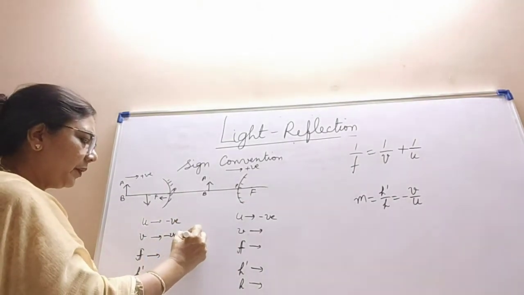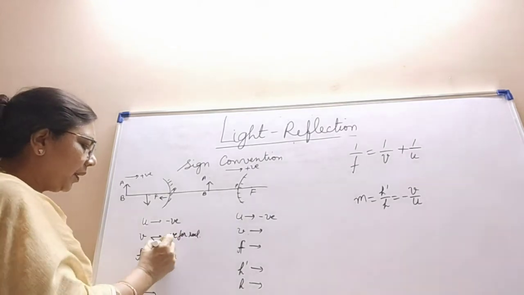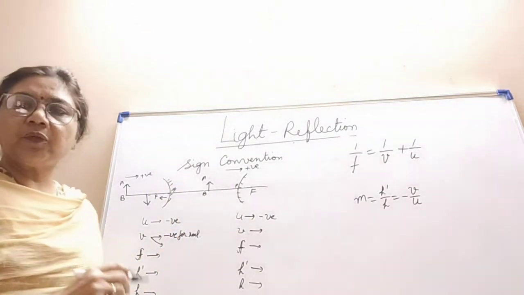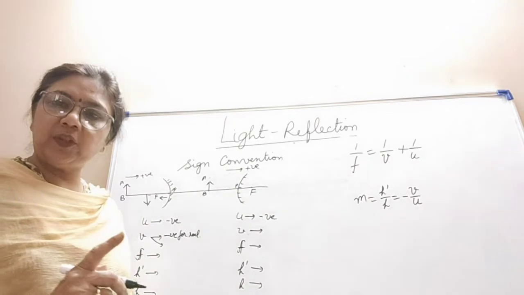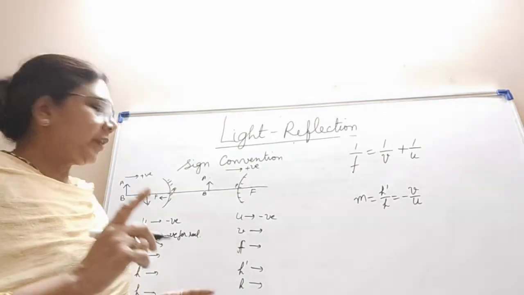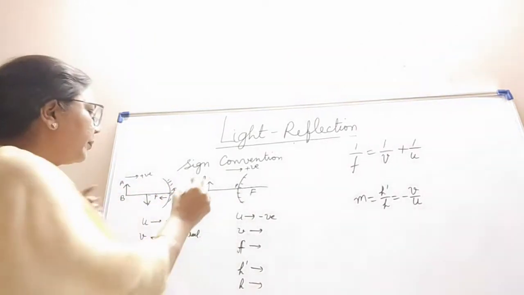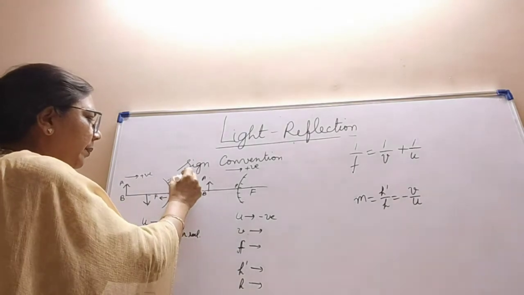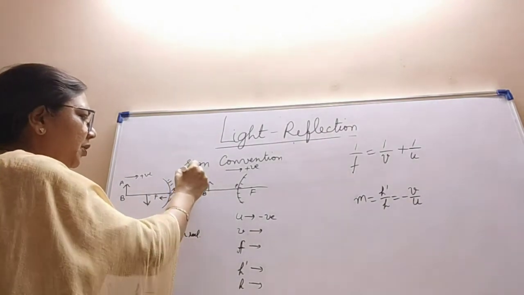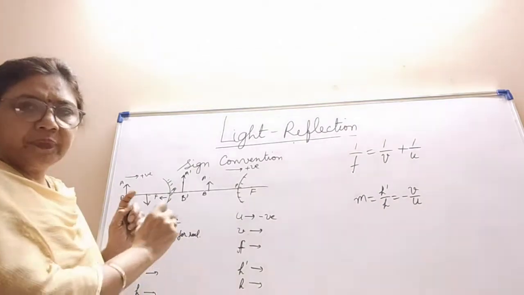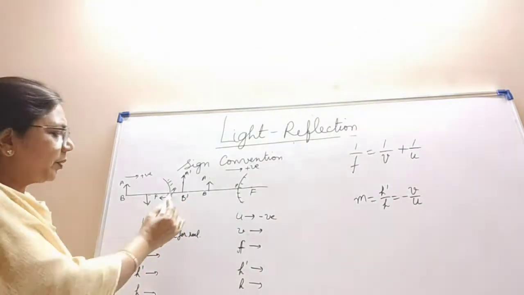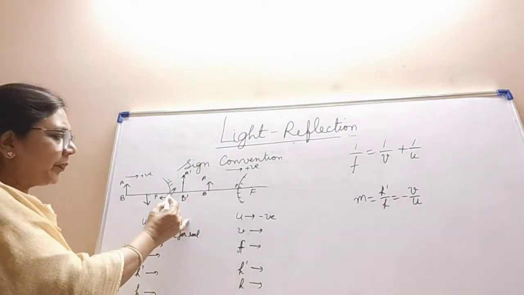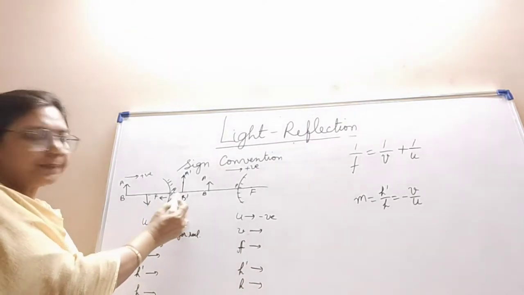for a real image. But in the case of the concave mirror, we are getting the virtual image also. You remember the last case, when the object was between F and P, then the image will be here. This is the image A dash B dash. To measure this distance P B dash, we have to move from left to right.